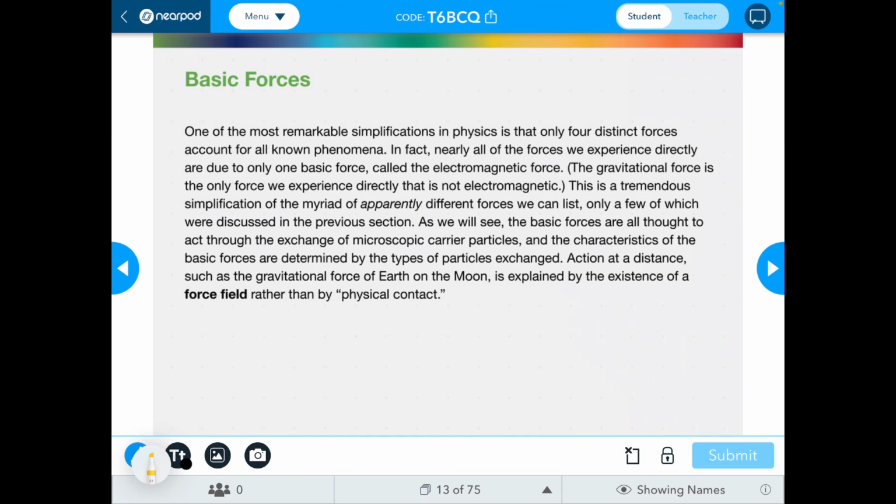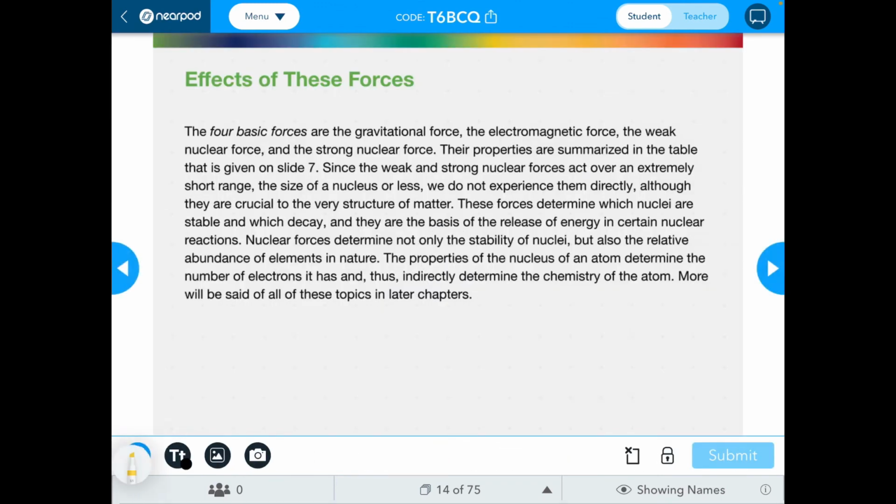But the most common one is the electromagnetic. So these are the 4 basic forces. Gravitational and electromagnetic, as we mentioned, and then the weak and the strong nuclear forces. And there's a table coming up here in a second that summarizes things about them.